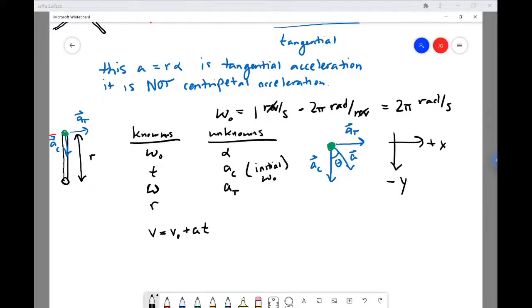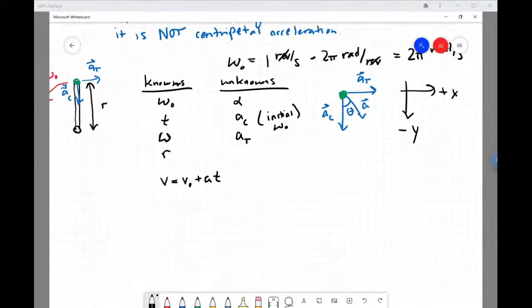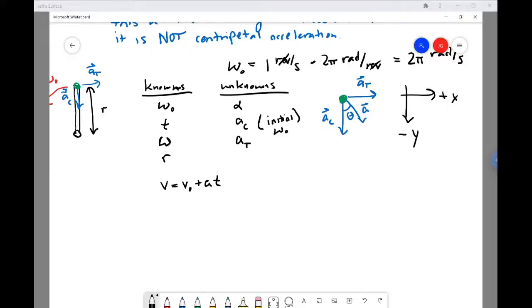Translating that to the angular, putting in these angular quantities for the linear quantities V and A, this becomes omega equals omega naught plus alpha t. So you can take the things that you know up here, plug them in down here, and find alpha. Okay, so you can find alpha using the kinematic equation.